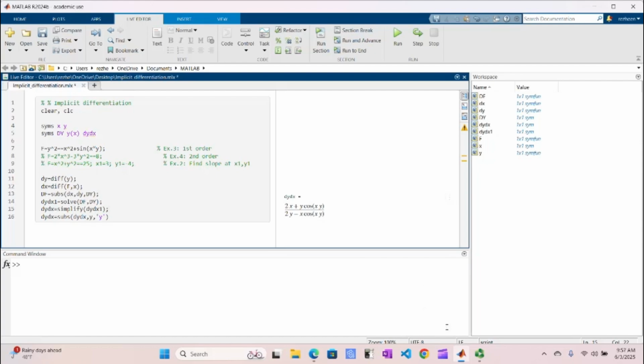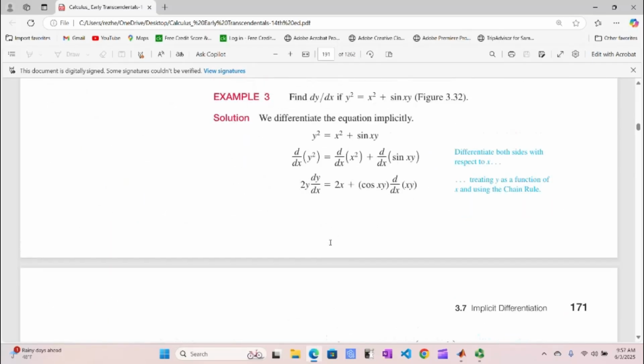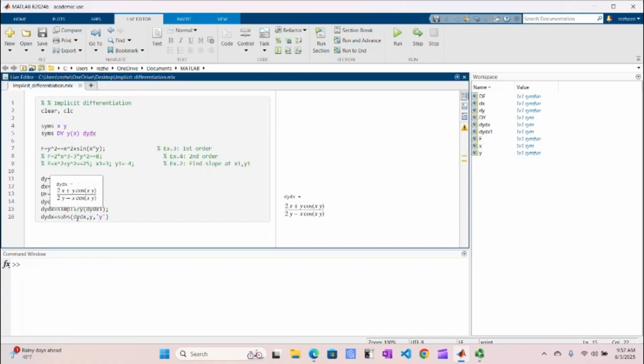And let's see if that's what the book gets also. So let's go back to example 3. Their answer is this. It's the same as what we got. Okay, and if I go back to my code, I did this last step, subbing this y for the y of x here. I did this because if I comment this and run it, I get things in terms of y of x.